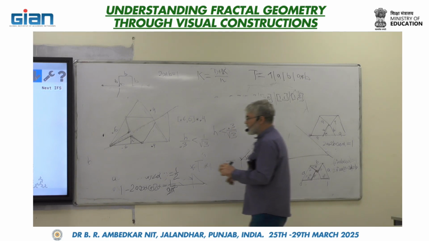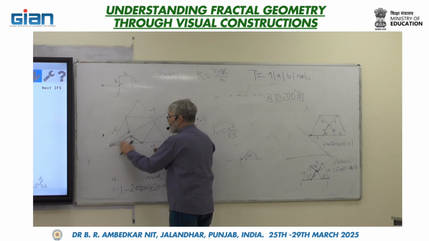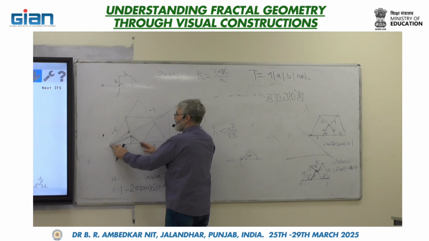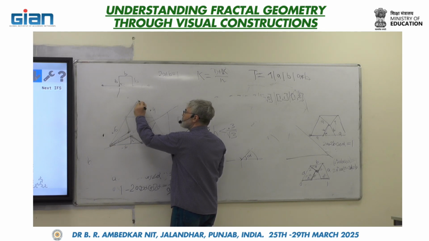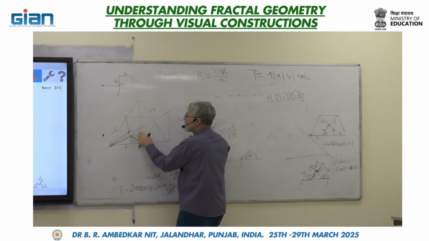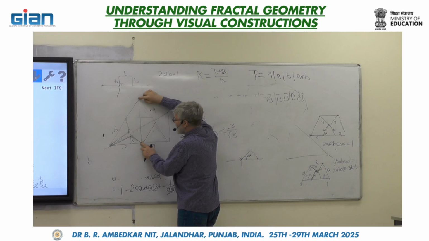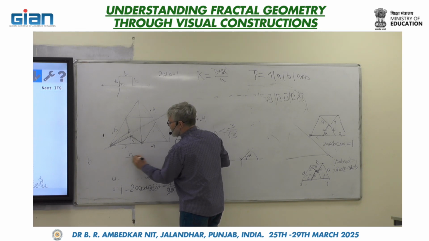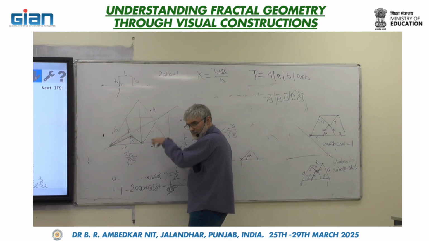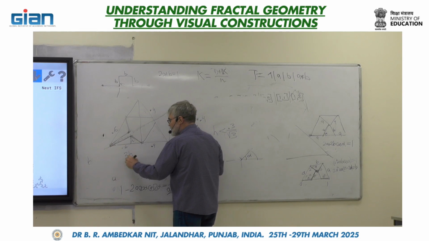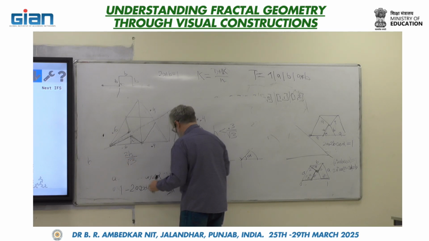So if you take this h, now you construct a map which sends this triangle to this triangle. The y-axis has a contraction 2h divided by square root of 3. Yes? And the x-axis has the contraction 0.6.